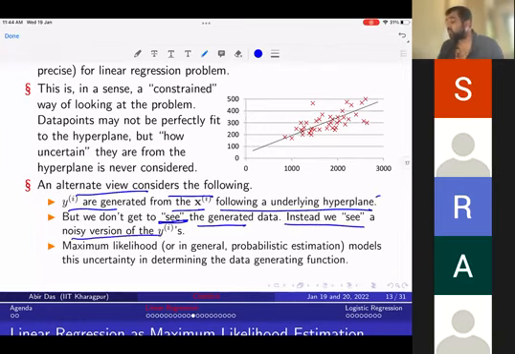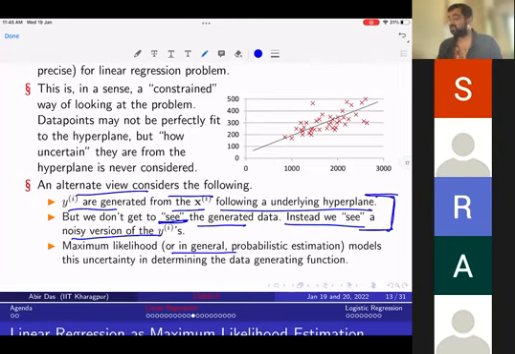So this hypothesis now includes that it is coming from an underlying hyperplane, but what you are seeing when you are measuring the temperature, when you are seeing the price, has some noisy component. It's not just all those x components that are given to you. There may be some other variables which you can never know. All those are modeled as noise. So instead, we see a noisy version of yi.